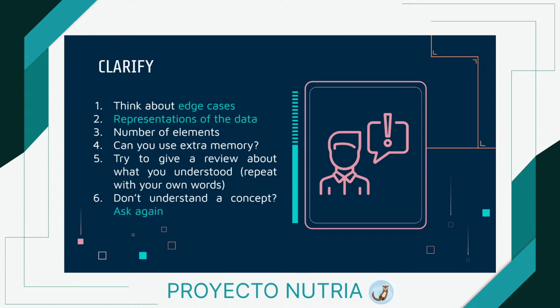It's like repeating with your own words, but repeating with your own examples. The interviewer will say, yeah, this is the output, or no, this is not the output. The output needs to be this because of this and this. So this is another way to clarify using examples. Yeah, exactly.